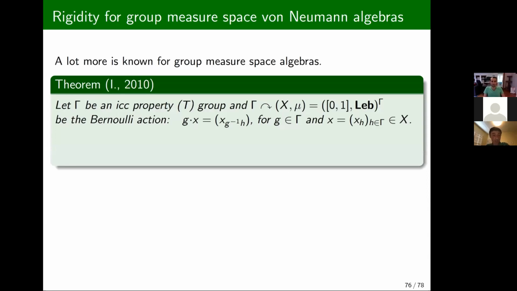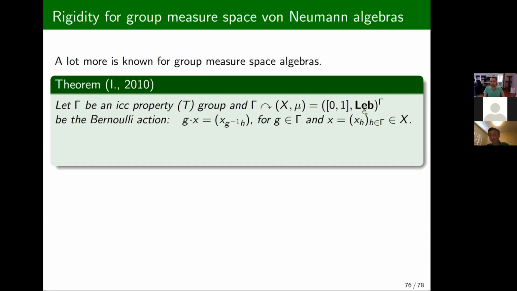First is a result of mine from 2010. Take Gamma to be any ICC property T group, for instance, SL(3, Z), and take Gamma acting on X to be the Bernoulli action of Gamma.